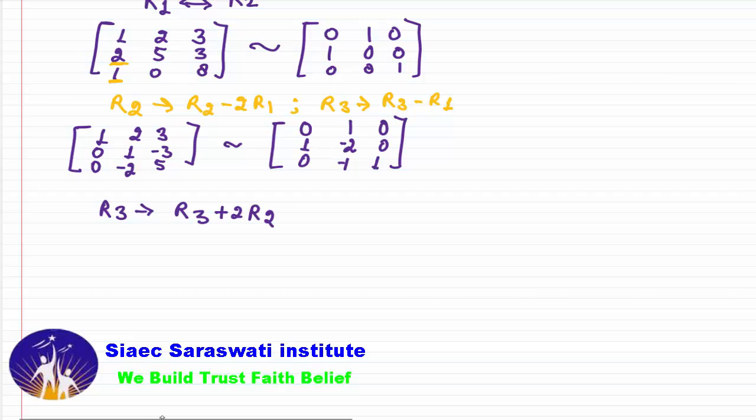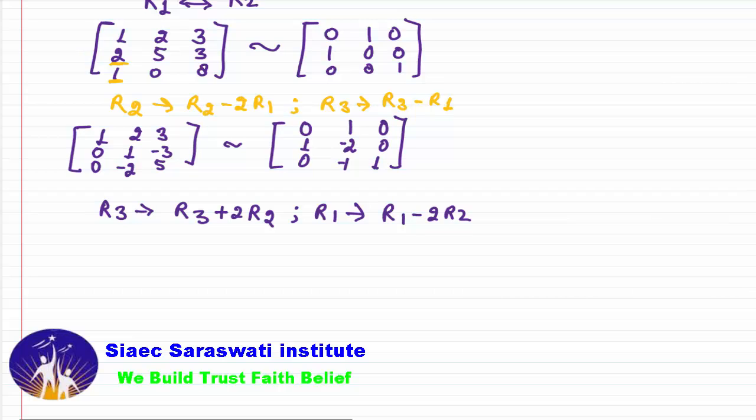Okay, and as well as we can apply that R1 implies R1 minus 2 times of R2.